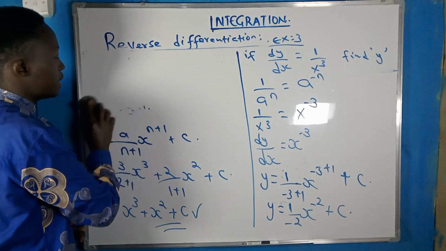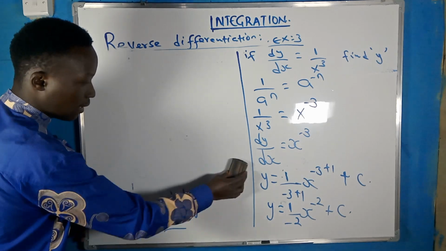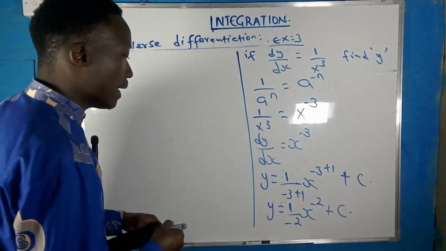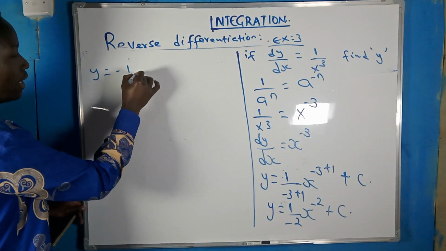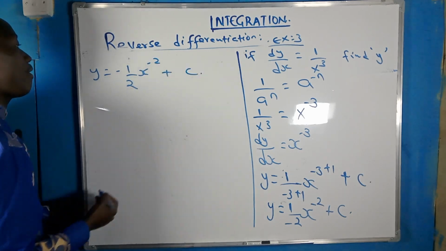We can simplify it further. Once we simplify it further, 1 divided by negative 2 is the same as negative a half, x to power negative 2 plus c.